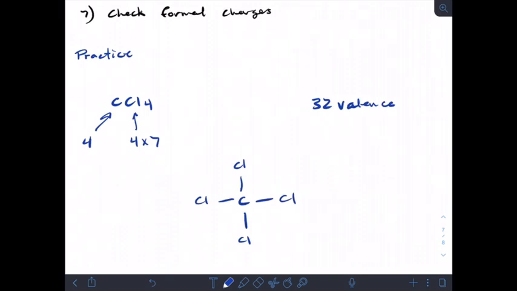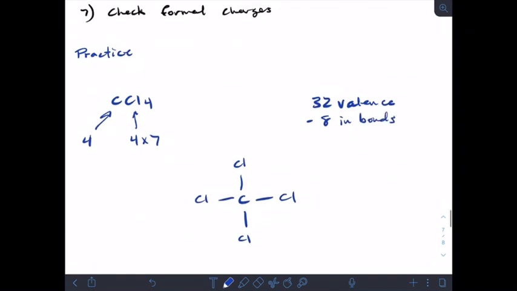Now, the next step says to subtract 2 electrons for every bond that I have drawn. I have drawn 4 bonds. 4 times 2 is 8. I'm going to subtract 8 electrons from my valence, which leaves me with 24 electrons left to put in my drawing. Now the next step says to place the remaining electrons on my outside atoms to fill my octets.